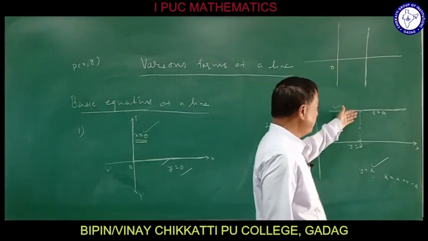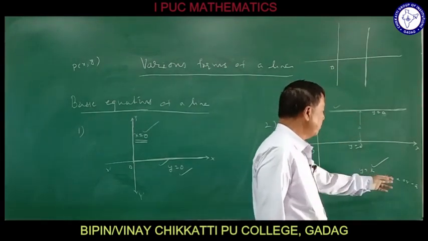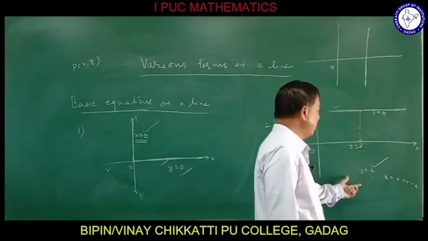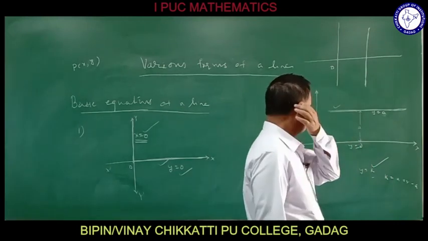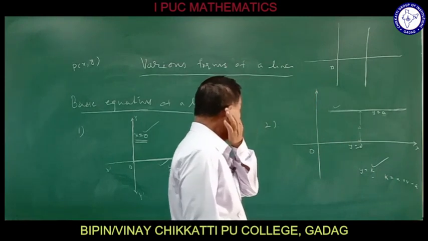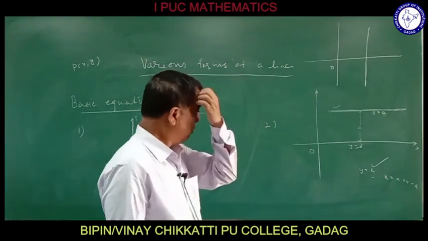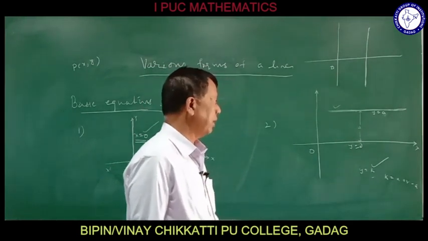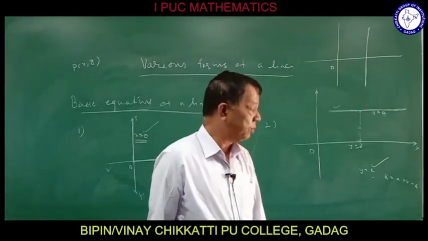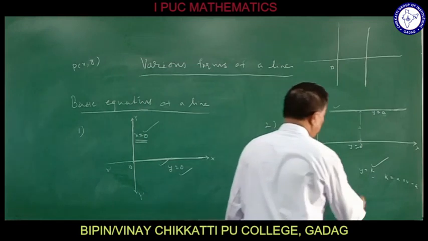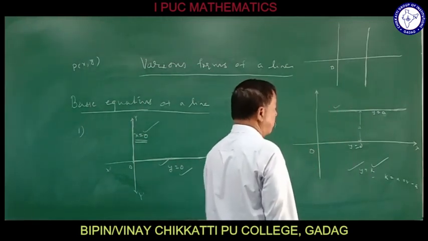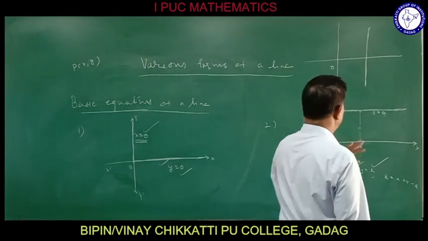Suppose it is in the first quadrant, y equal to a, and if you go below, then y equal to minus a. It all depends on which quadrant that horizontal line is in. So try to understand, y equal to k is the equation of the horizontal line, where k is equal to plus a or minus a.